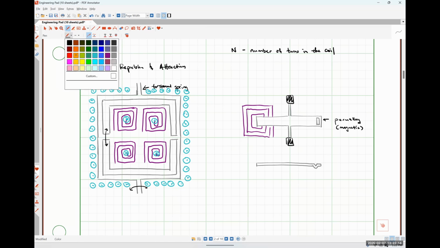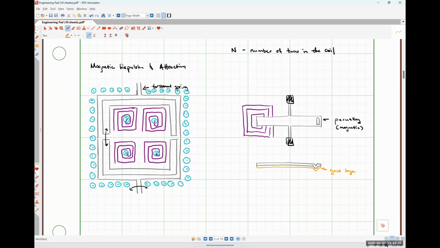And then this permalloy structure would have been deposited on top of some gold or something else that is very conductive, right? So this is our gold layer. The top is a permalloy layer. And then this dashed red line right here is our axis of rotation.